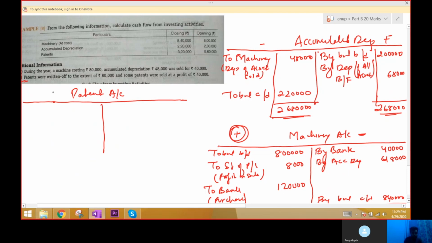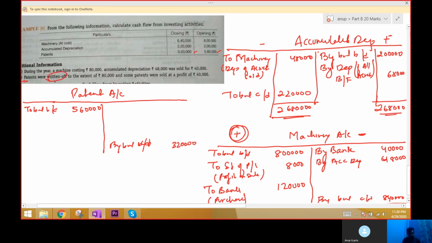Patent is an asset, so the opening balance will be debited. To balance BD, 5,60,000, and the closing balance will be by balance CD 3,20,000.